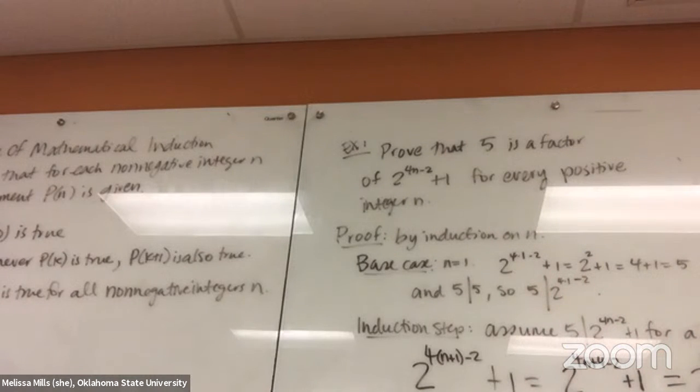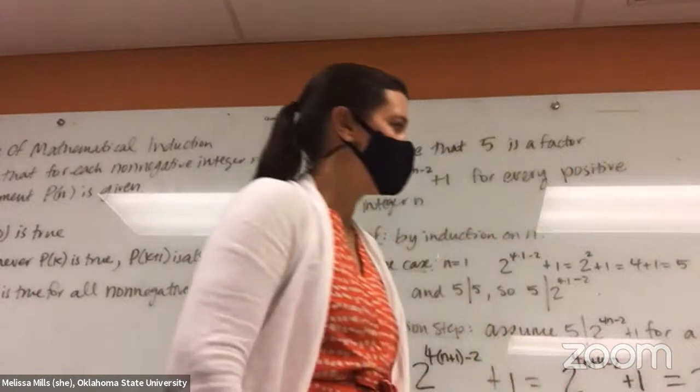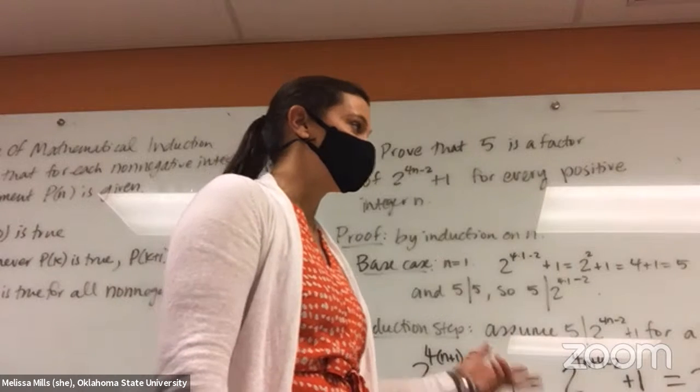So I get 2 to the 4th times, and I can replace that with 5k minus 15. So I can pull a 5 out of that. So I pull a 5 out, I get 2 to the 4th times k minus 3, right? Which is divisible by 5.